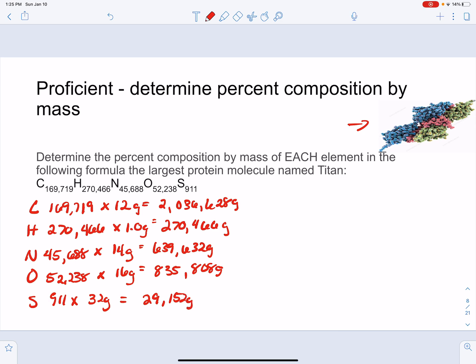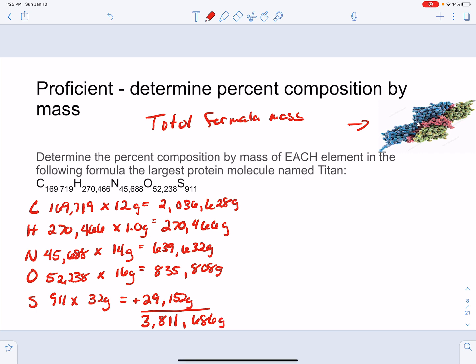Now, to get the percent composition of all of these, I'm going to have to add these all up to get my total formula mass. If I add all those big old numbers up, I end up with 3,811,686 grams for my total.